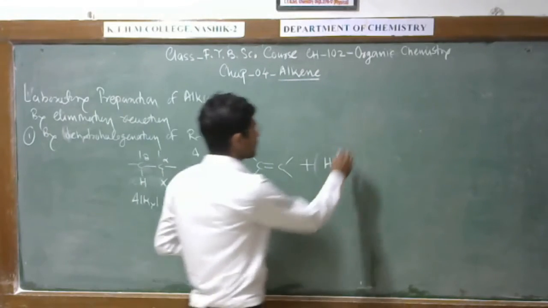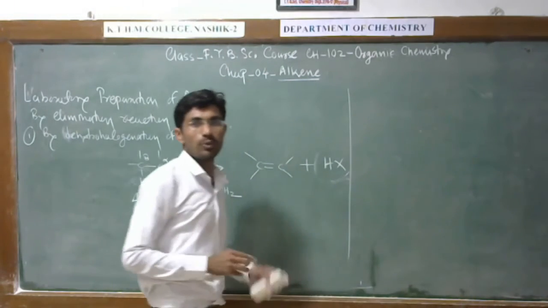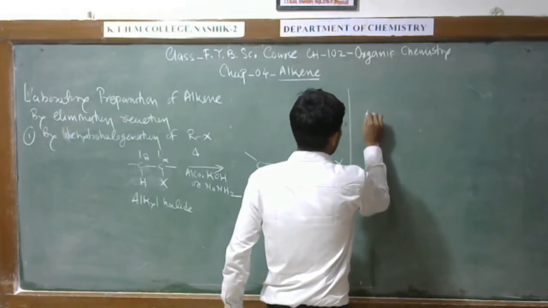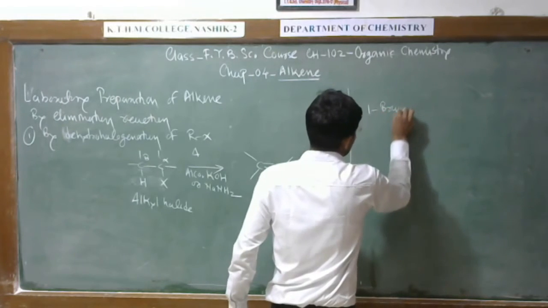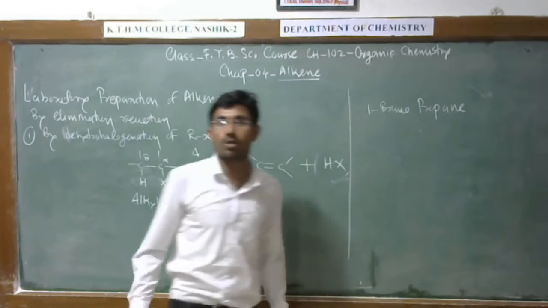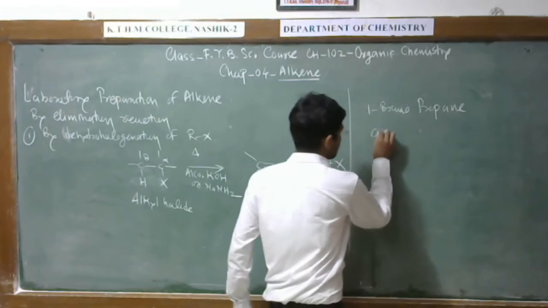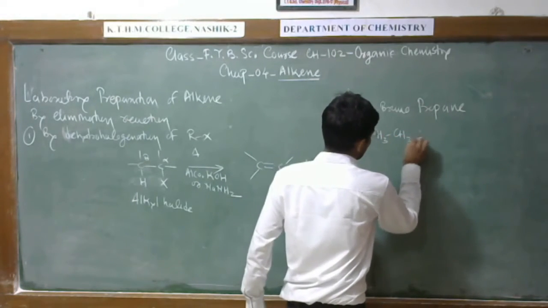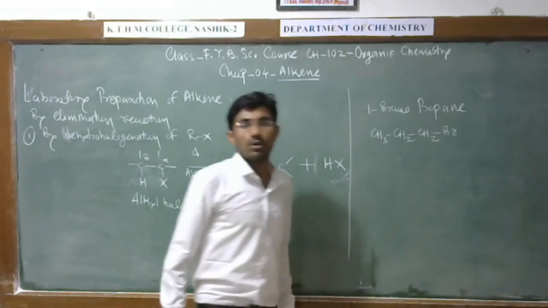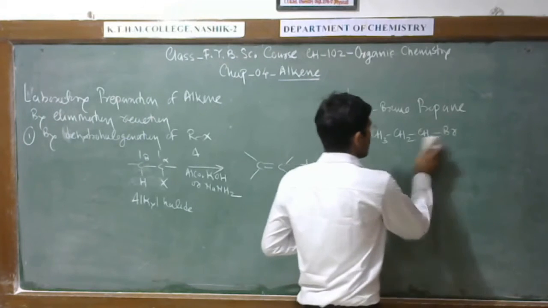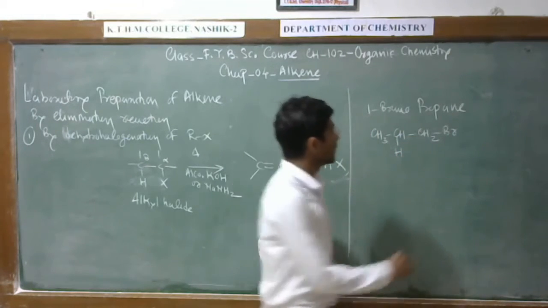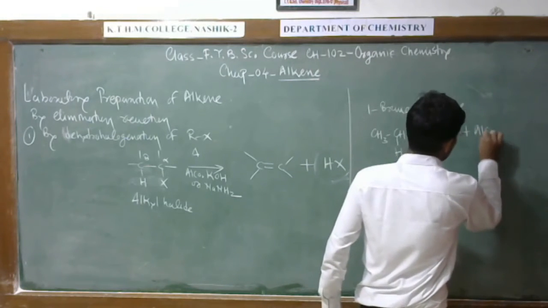Next, suppose you consider the example of 1-bromopropane. This 1-bromopropane is heated with alcoholic KOH solution.